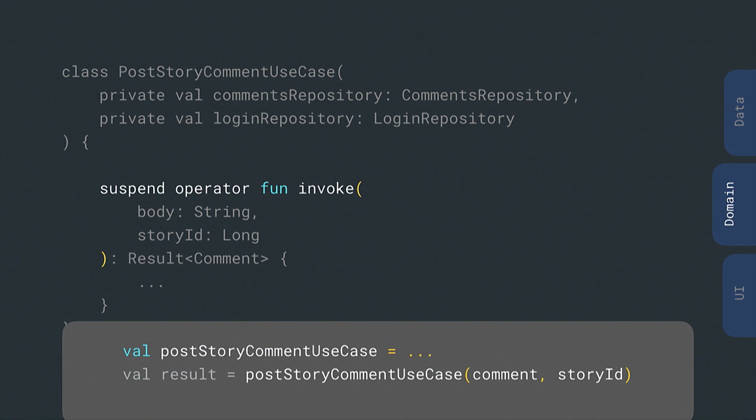Even more, as a convention in our team, we decided to completely drop the use case from the name. What we're left with is something that actually looks like a function. But because we also made the convention that in our use cases only the invoke method is public, everything is nicely abstracted. So even if it looks like a function, we have everything separated in its own, testable class.